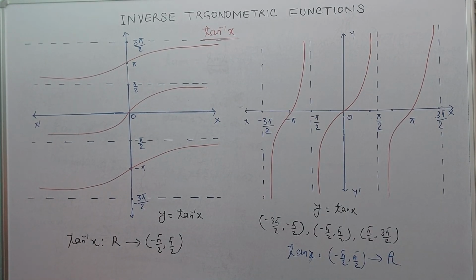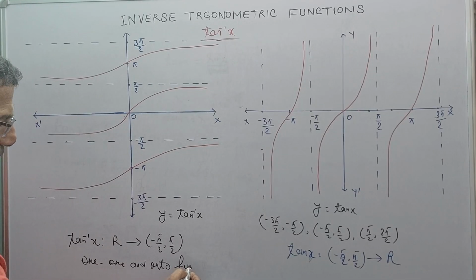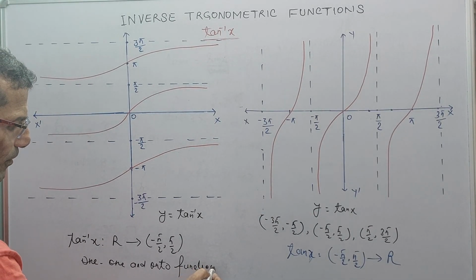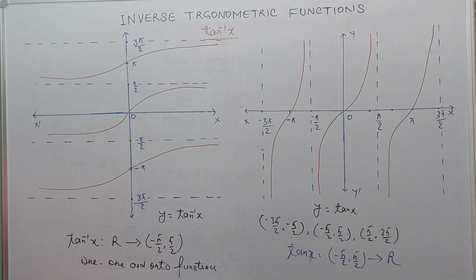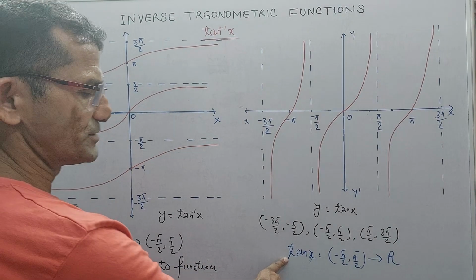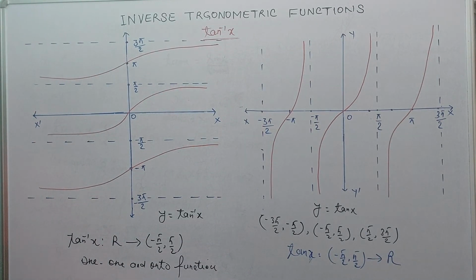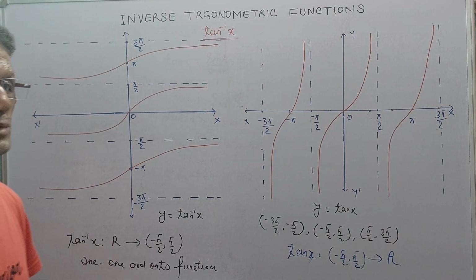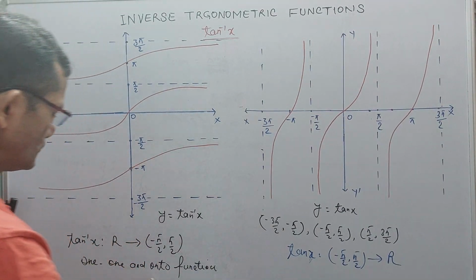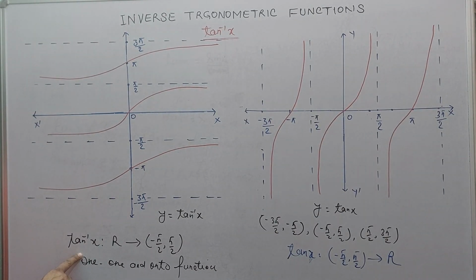On this interval, the tan inverse function becomes one-one and onto. Because corresponding to this interval the tangent function is one-one and onto, and if a function is one-one and onto, the corresponding inverse is also one-one and onto.